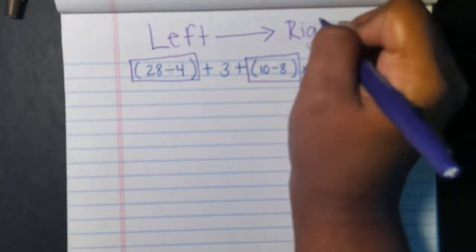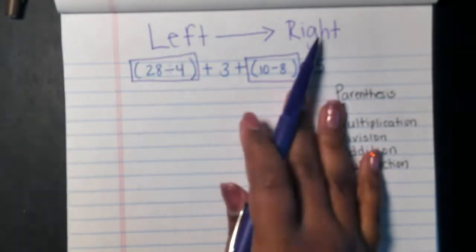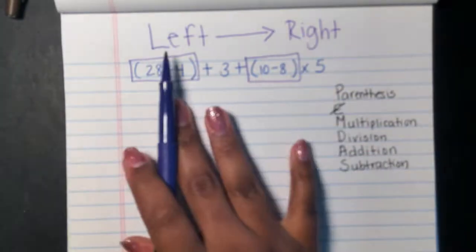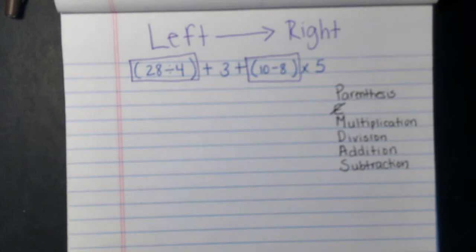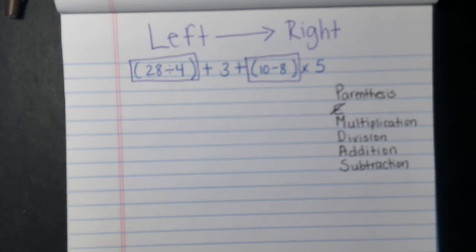It's kind of like reading a book. You're reading words on a page, you read left to right, left to right. So after you have acknowledged those grouping symbols, that multiplication sentence, the division, the addition, the subtraction, you always go back and go left to right.